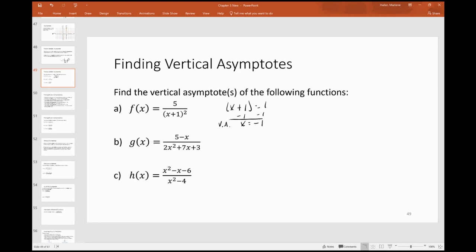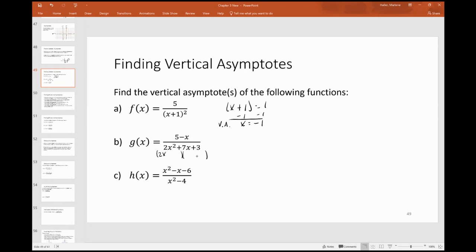Okay, look at part B here. Now this one does not have a factored denominator, does it? Well, let's see if we can factor it. If we can factor it, that's going to be much easier, because to find the vertical asymptote, we have to set that denominator equal to 0 and solve. Let's see, I think that one does factor.